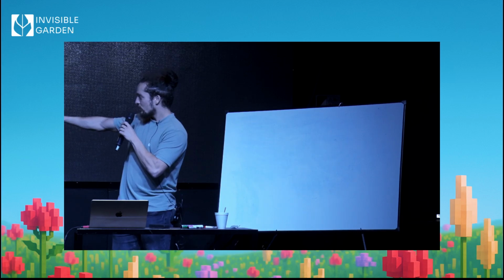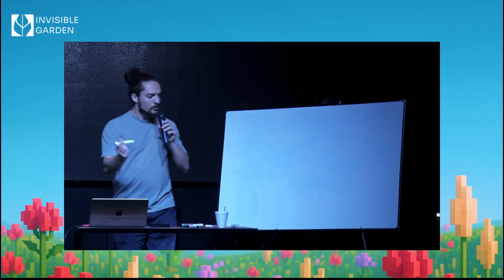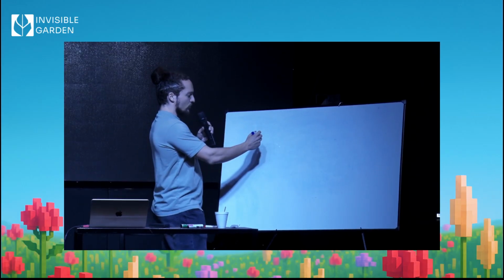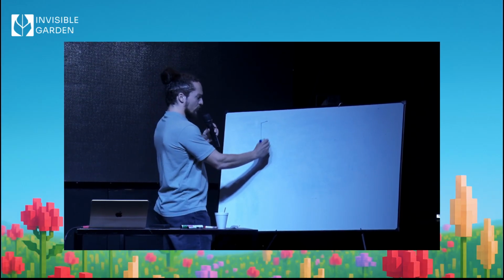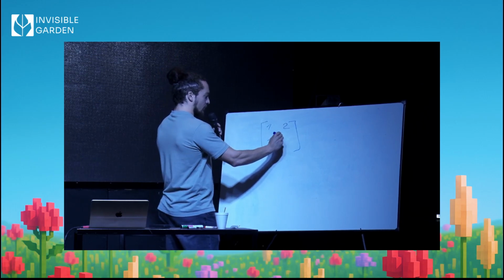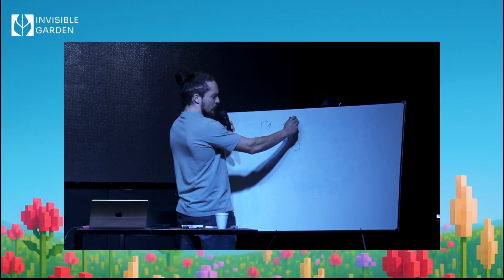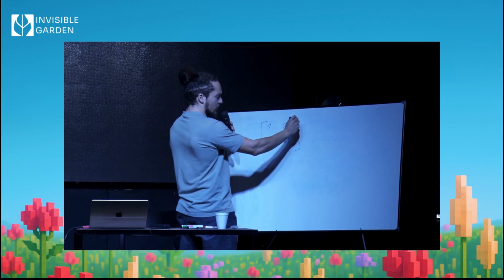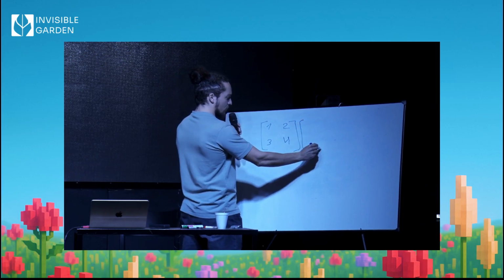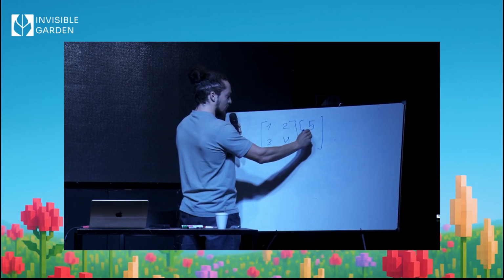So the way you do this multiplication of x times beta, let's do a simpler example. Let's say you have a 2 by 2 matrix, with values 1, 2, 3, 4, and you want to multiply this by a certain vector, say 5, 6.